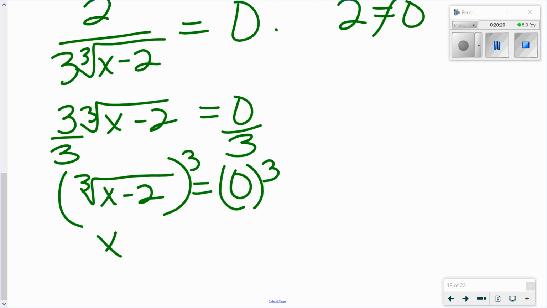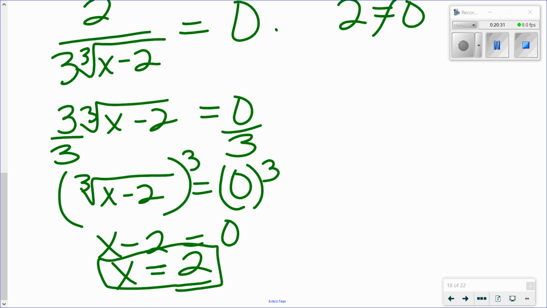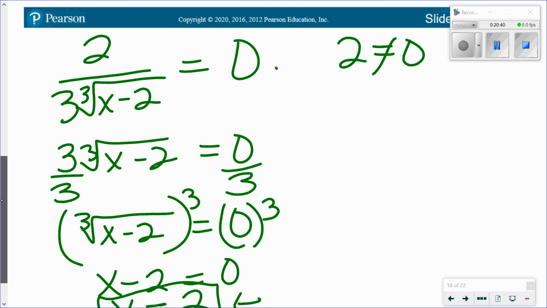So we get x minus 2 equals 0 cubed, which is still 0, and add 2 to both sides. So we get that x equals 2 is a critical value. We do have a critical value that came from where this does not exist. So we have one critical value.